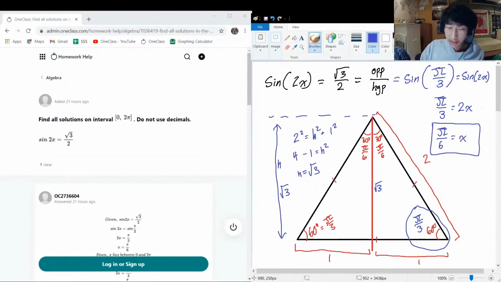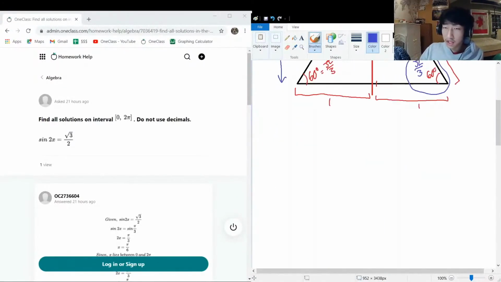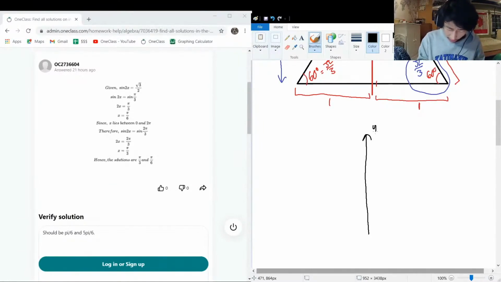Okay, that's going to be our base angle, but we have to think about this in the bigger picture. So let's draw a Cartesian grid like this. Here will be our y-axis, and here will be our x-axis.